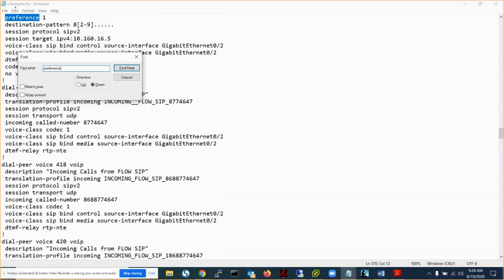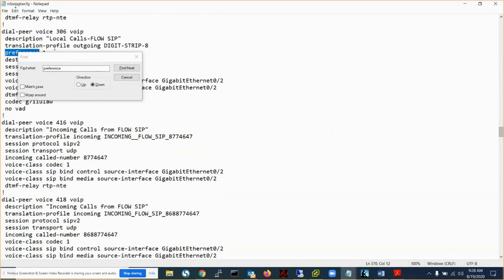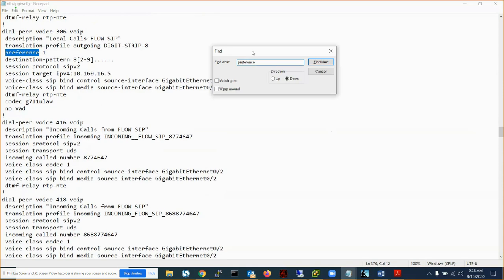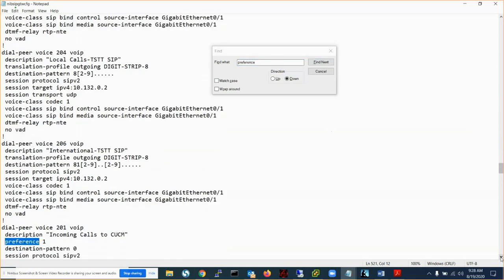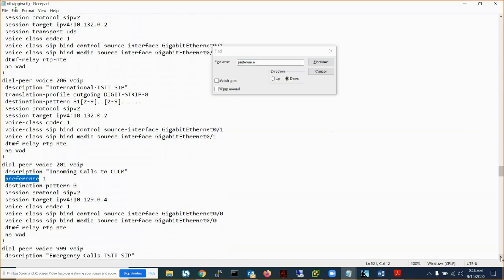So this is some call manager configs I'm giving you here. Right, so we have translation profile and so on, and then you put your translation profile under the dial pair.